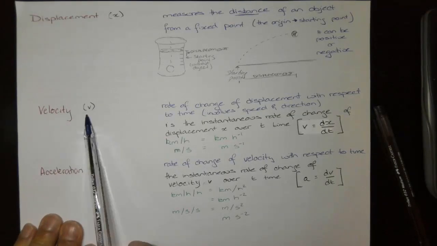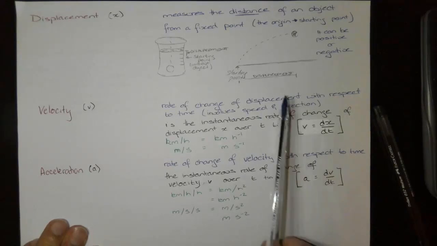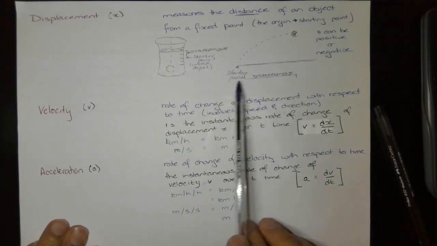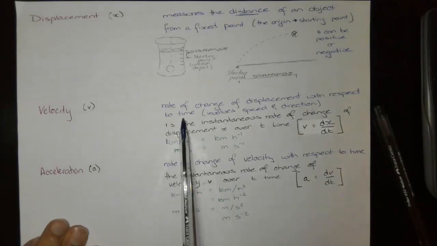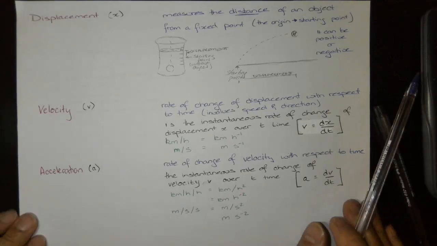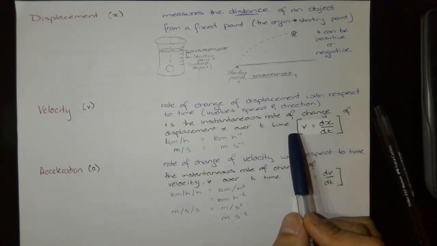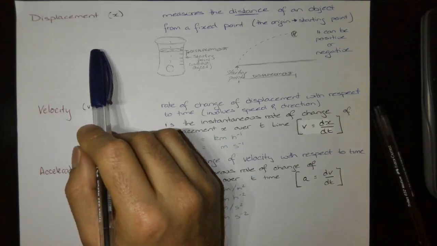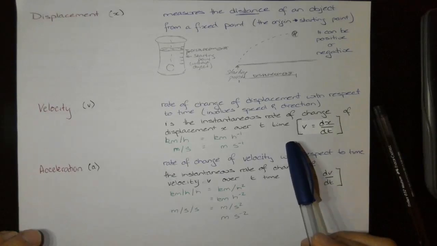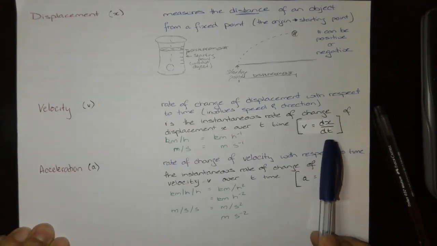Velocity is usually represented by v, and this is the rate of change of displacement, how quickly this distance changes with respect to time. It obviously involves speed and direction. So it is also the instantaneous rate of change of displacement. So the instantaneous rate of change of displacement is velocity, and so v equals dx over dt.